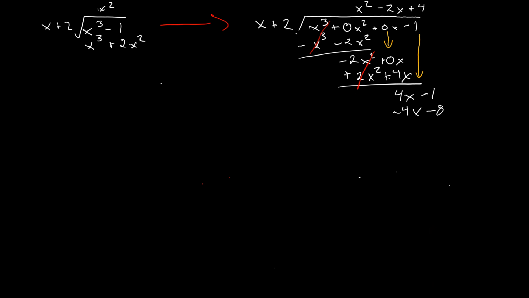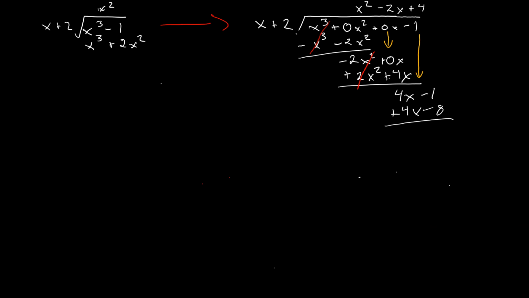minus 8. And of course, we are subtracting the entire quantity, so the quantity minus 4x minus 8 will now become plus 4x plus 8, which will leave us with, my apologies, this is a minus 8.